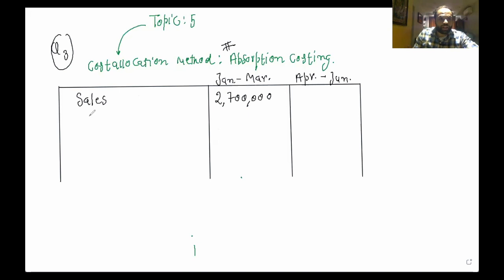And now what we need next is cost of goods sold. And how do we calculate cost of goods sold? So here is cost of goods sold. In order to calculate cost of goods sold, we calculate manufacturing cost per unit. How much manufacturing cost per unit did you calculate for quarter 1?